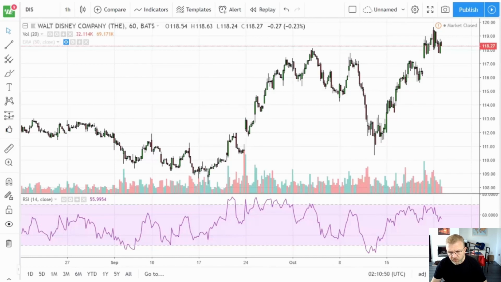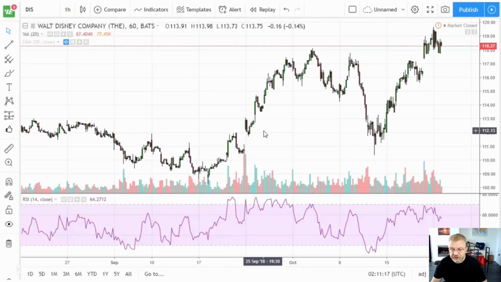Now, there are some things that you should pay attention to. So, for example, double tops and double bottoms can form, those types of things. And they can form before you actually see something on the chart. The area between 70 and 30 is considered to be normal. It's not overbought or oversold, so at that point you really don't need to bother with the indicator.